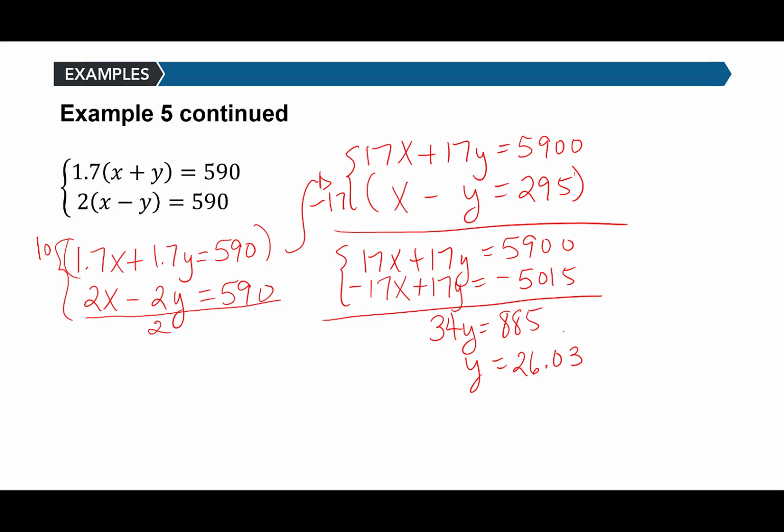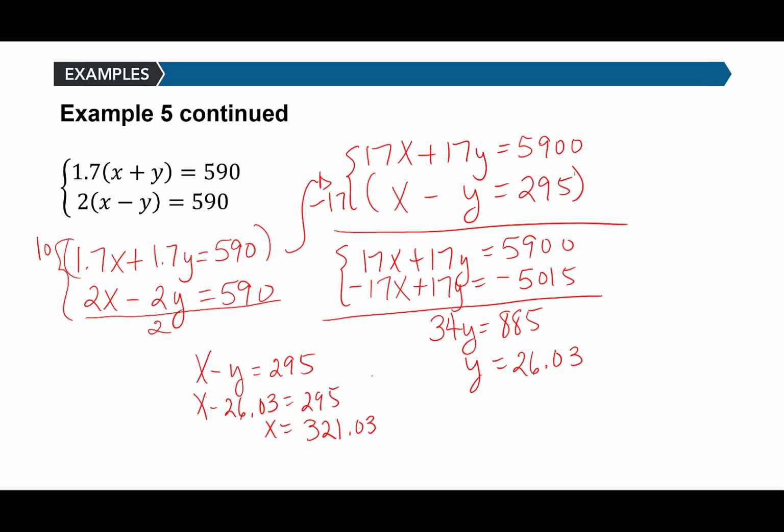Now, how do I find the plane speed? Well, I can plug into one of those equations. We know that x minus y equals 295. We can replace y with 26.03, and then add that to each side to get x is 295 plus 26.03, and that is 321.03.